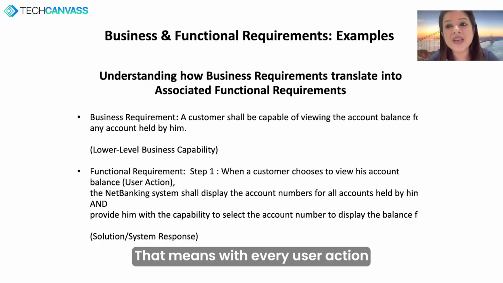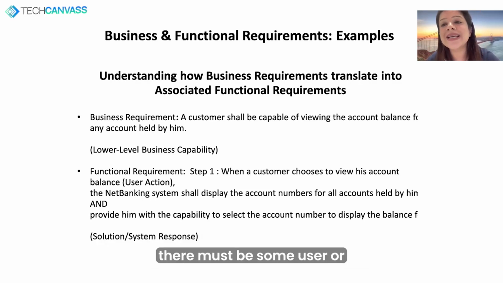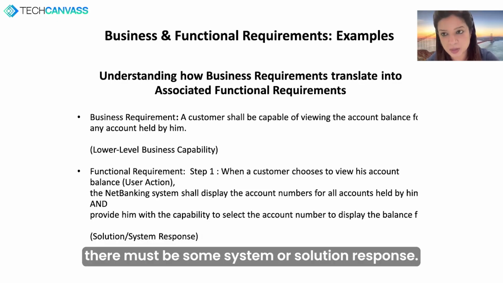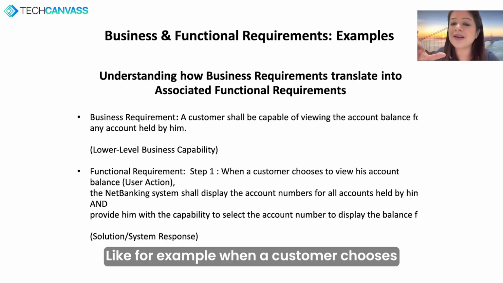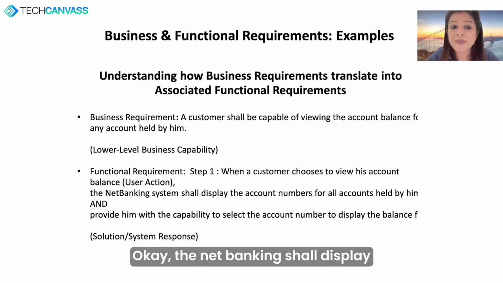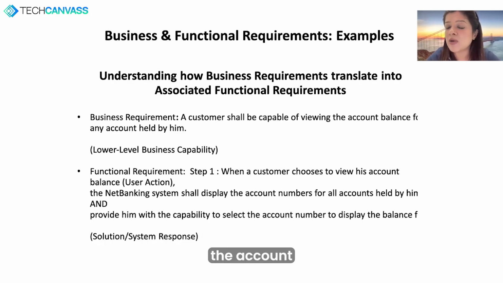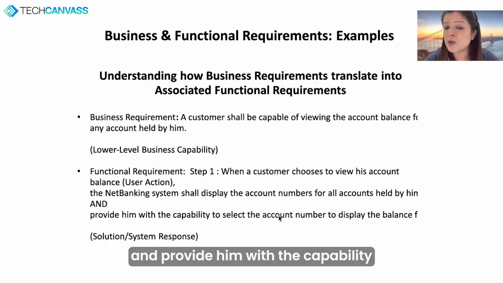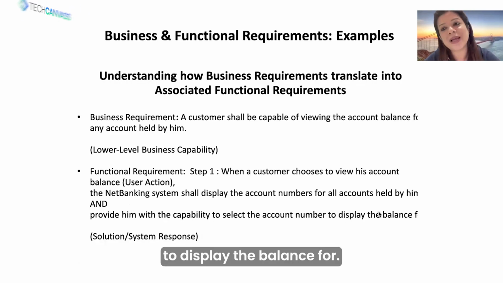That means with every user action, there must be some system or solution response. For example, when a customer chooses to view his account balance, the net banking shall display the account numbers for all the accounts held by him and provide him with the capability to select the account number to display the balance for.